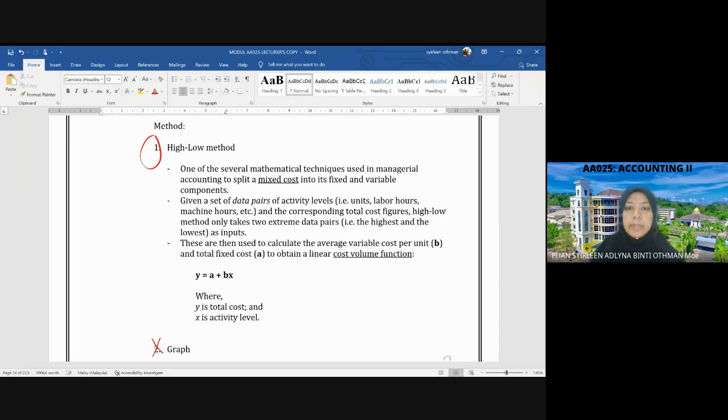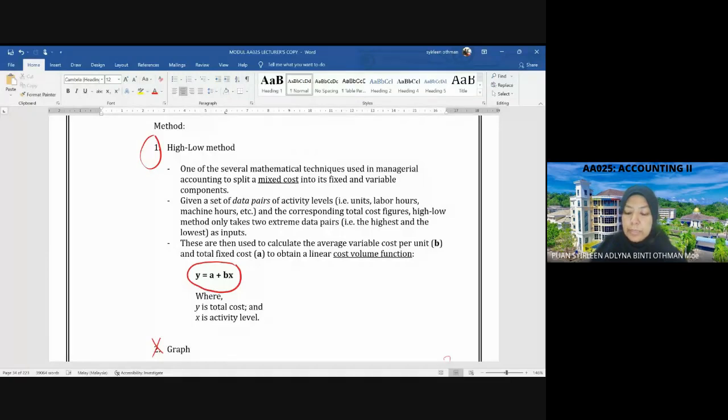Okay, alright, so here you are supposed to form a cost function. You must make a cost function. The cost function is y equals a plus bx. Okay, so y here represents the total cost.